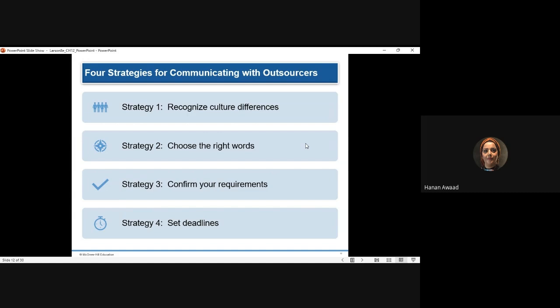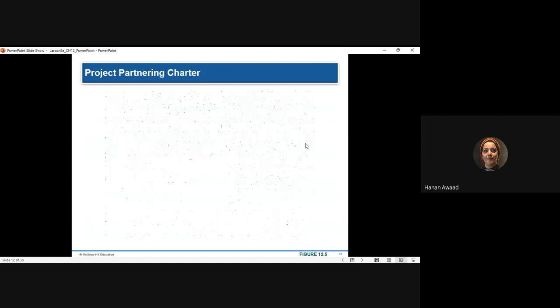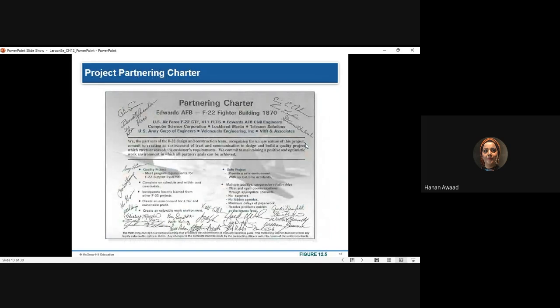So you try to manage this relationship as smoothly as possible using the tools that you have, and of course using your interpersonal skills as well.